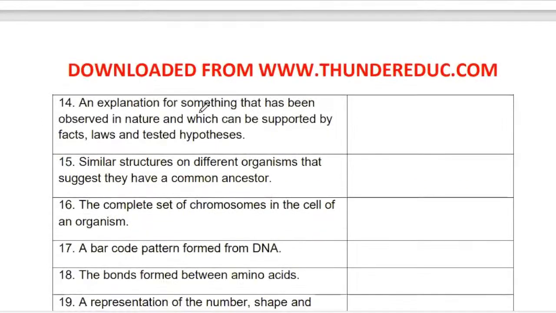Then an explanation of something that has been observed in nature and which can be supported by facts, laws, tested hypotheses, it is a theory. Remember, when they ask you this, it is either theory or hypothesis. If they say tested hypothesis, definitely the answer is hypothesis. The answer is the theory.